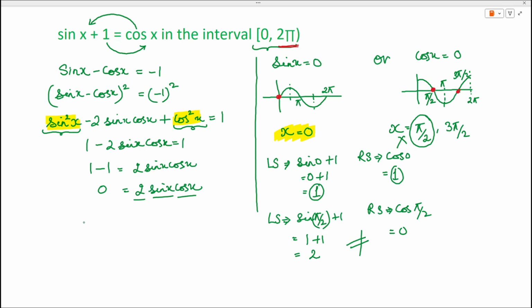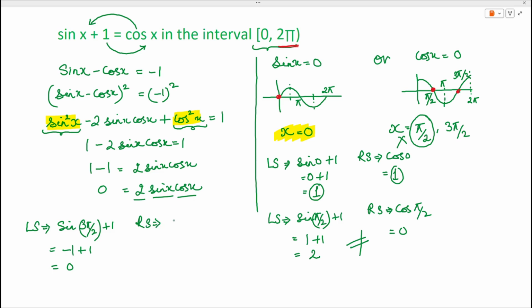Now let us check for the last one, 3 pi over 2. Keeping that, our left side is sin 3 pi over 2 plus 1. Sin 3 pi over 2 is negative 1, plus 1, and this is equal to 0.